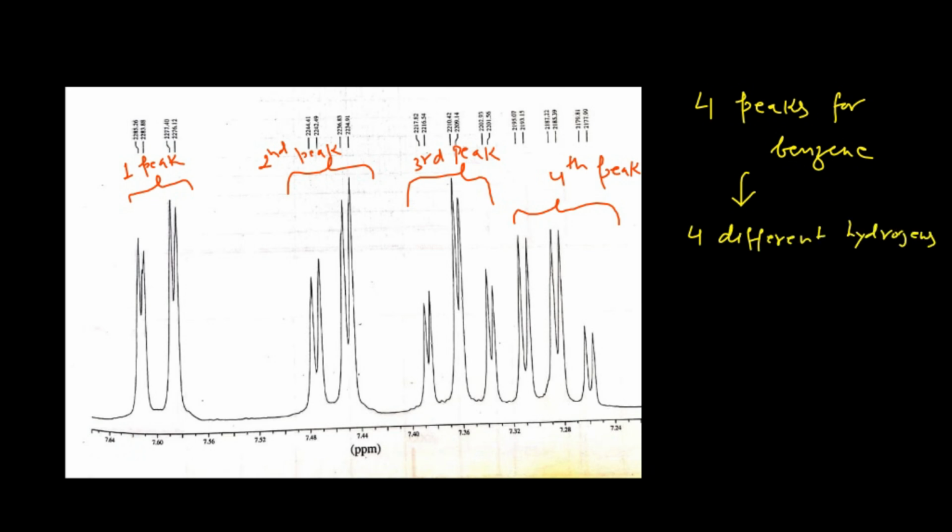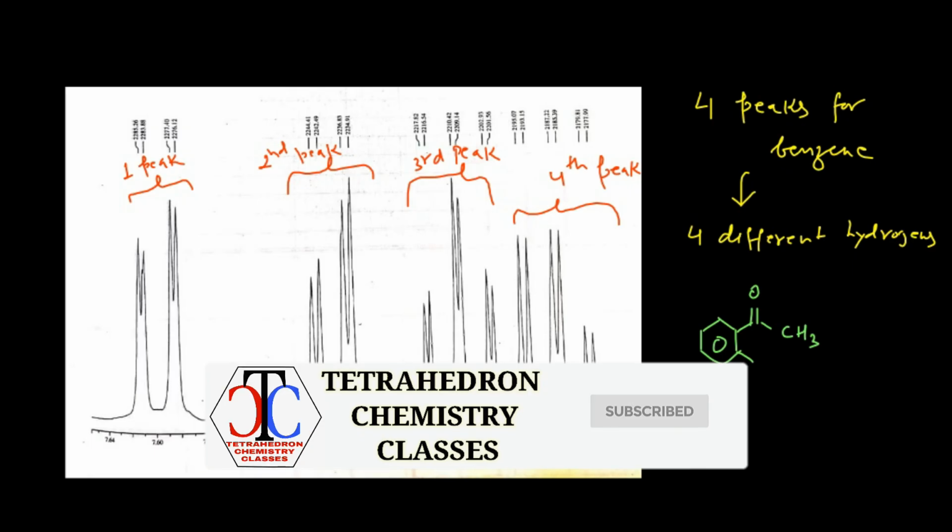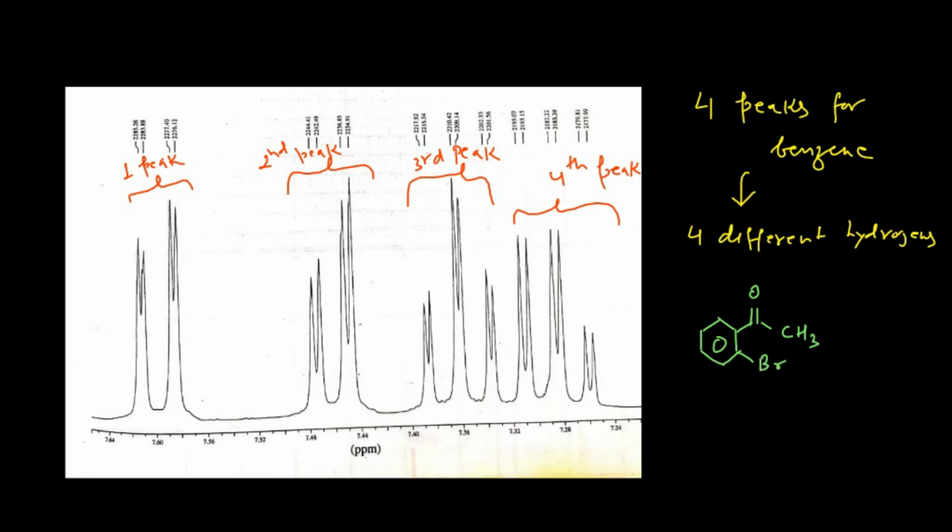So how can we get four different hydrogens? You have this benzene, say your carbonyl group is here, CH3, and I'm substituting my Br here. This is one possibility: ortho-bromo-acetophenone. If you write this ortho isomer, then you will have this hydrogen, and this hydrogen again, and this hydrogen again, and this hydrogen again.